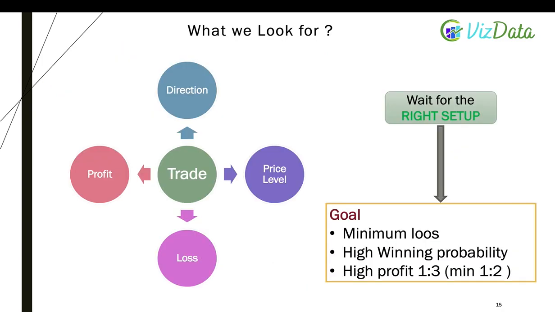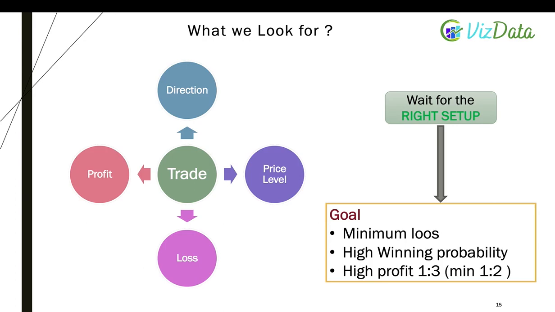So next, finally, what do we look for? We look for one direction, the key price levels, what loss we can afford, and what profit we can take out of that trade. That is the trade setup we are looking for, and we wait for the right setup. Trades keep happening continuously, but waiting for the right setup is a very, very key must.